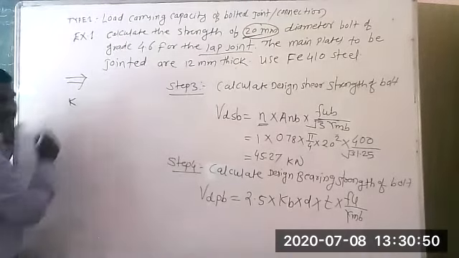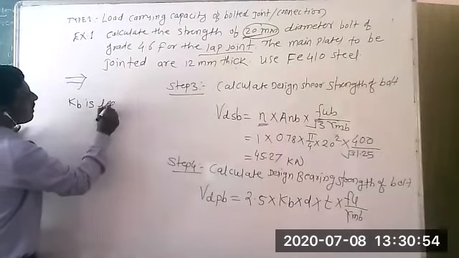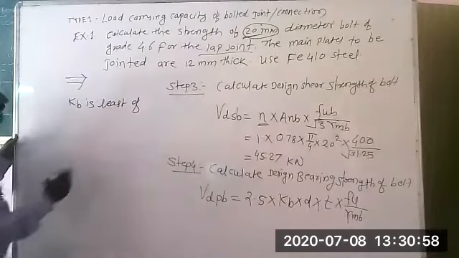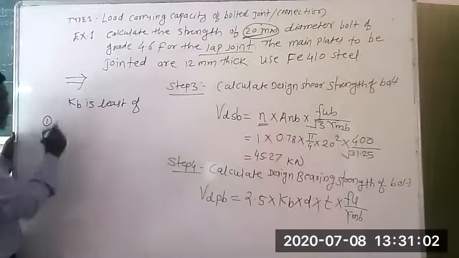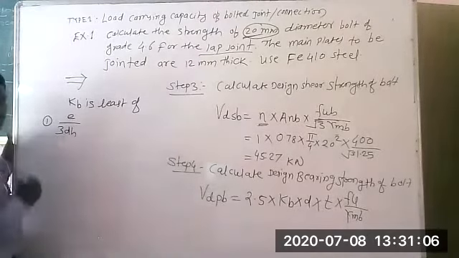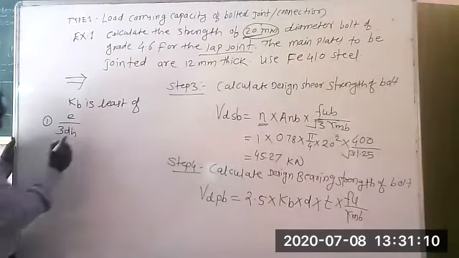Now KB is the least of these values. Number 1 is E divided by 3DH.